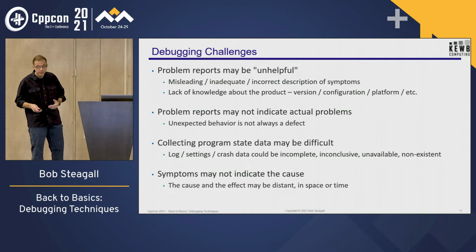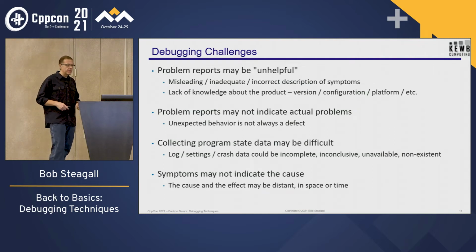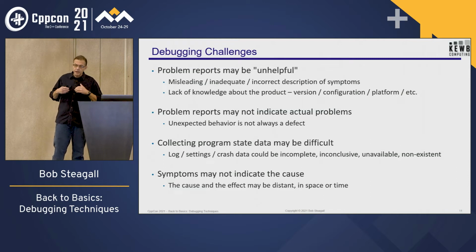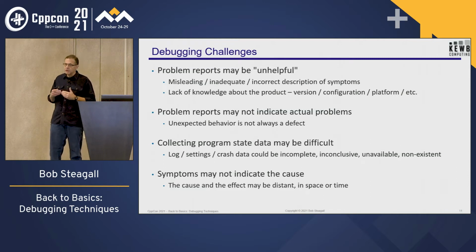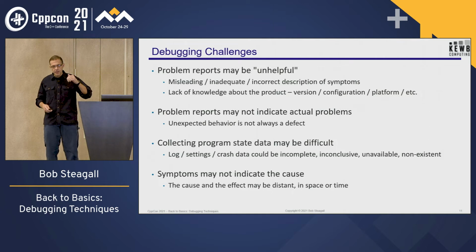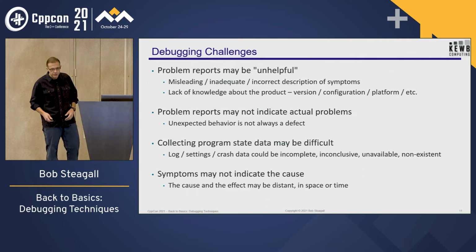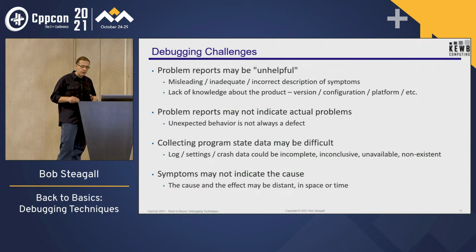It also could be in time. It could be that a problem is caused, an invalid state is generated in the executing program at time t0, and it's not actually observed until some time t1 that's much later, right? So there's potentially a huge distance in time and space between the cause and the effect.